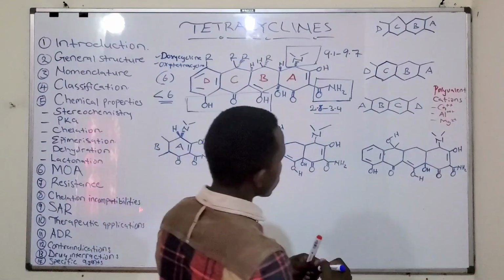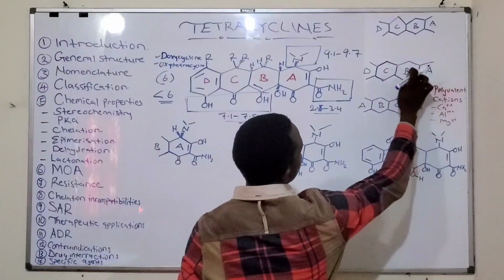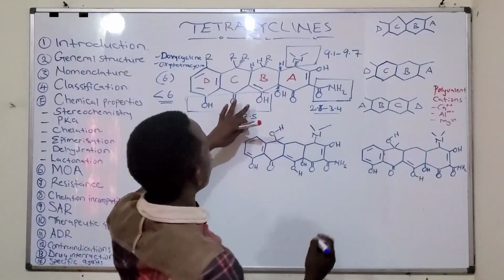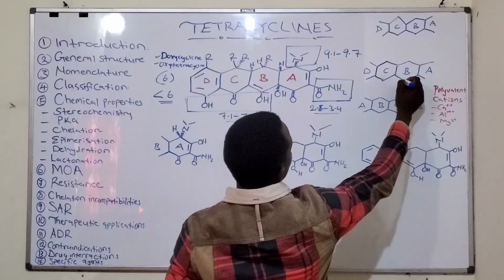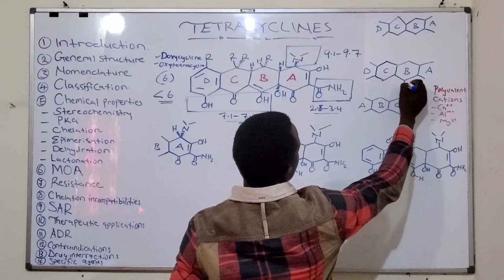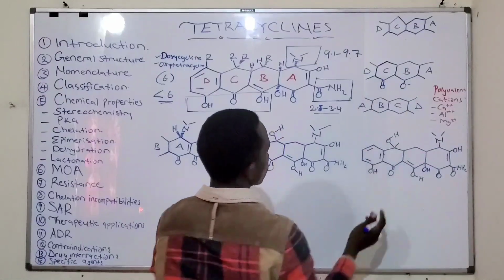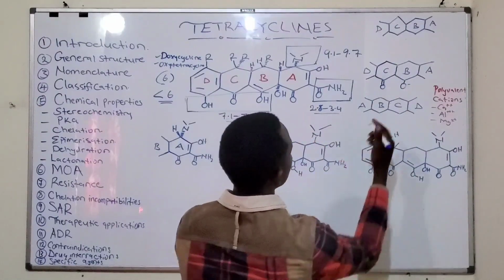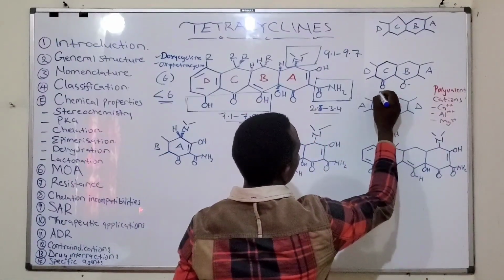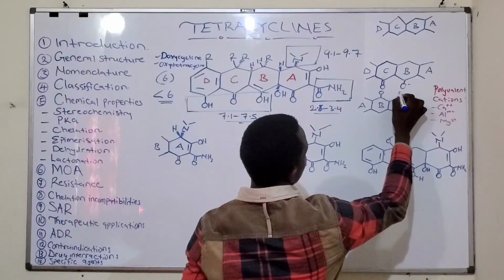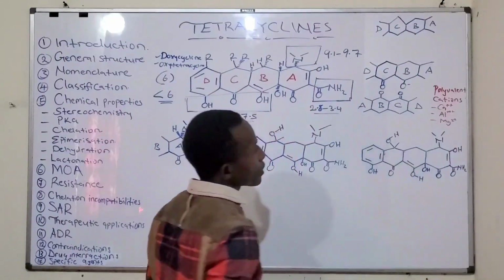For example, this is ring A, this is B, C, and D. Now we have an OH group here, so to exist as an O minus, this one will be inverted now.